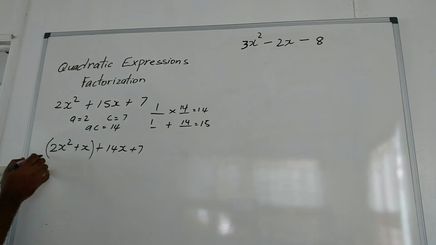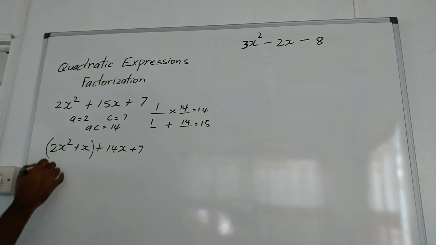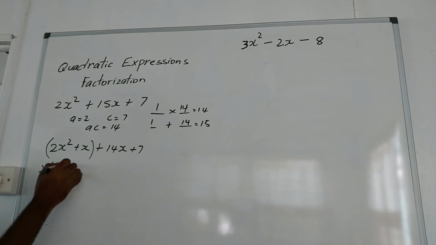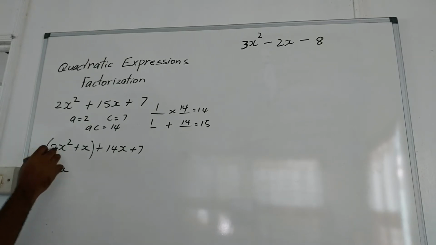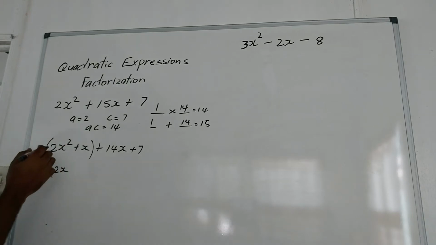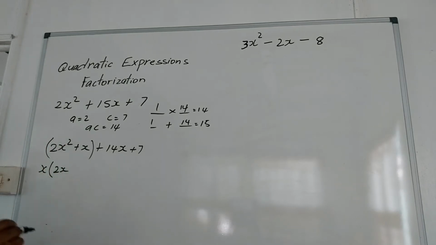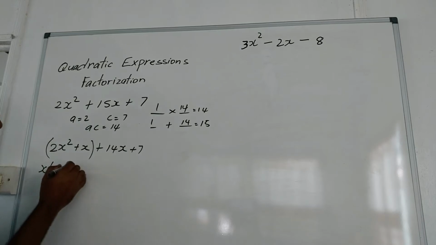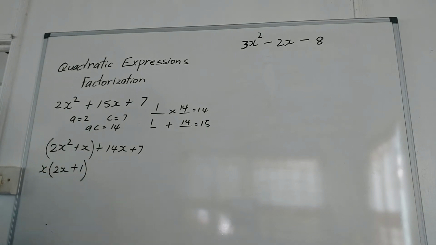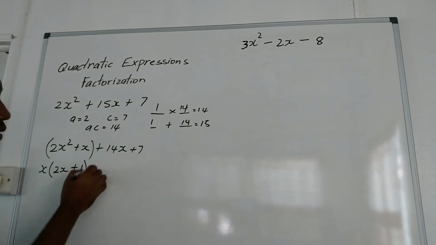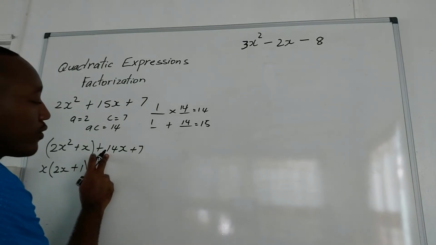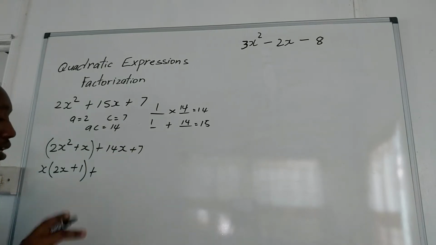So our common factor here will be x. So x, 2x squared divided by x will give us 2x. Then x divided by x will give us 1. Our common factor here will be, what is the common factor of 14 and 7? 7 itself.